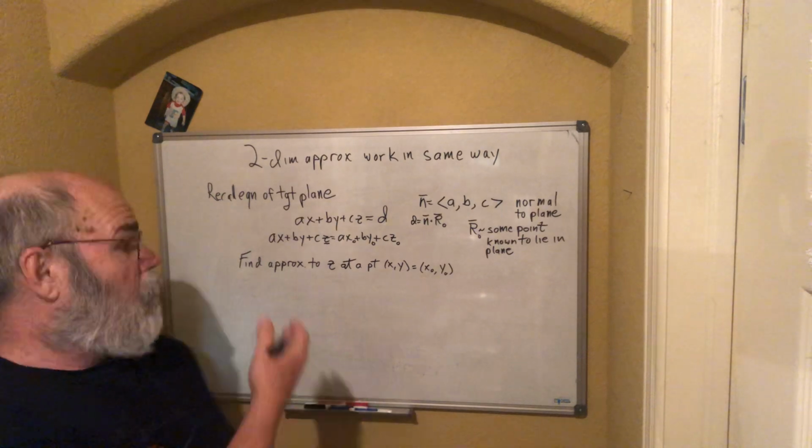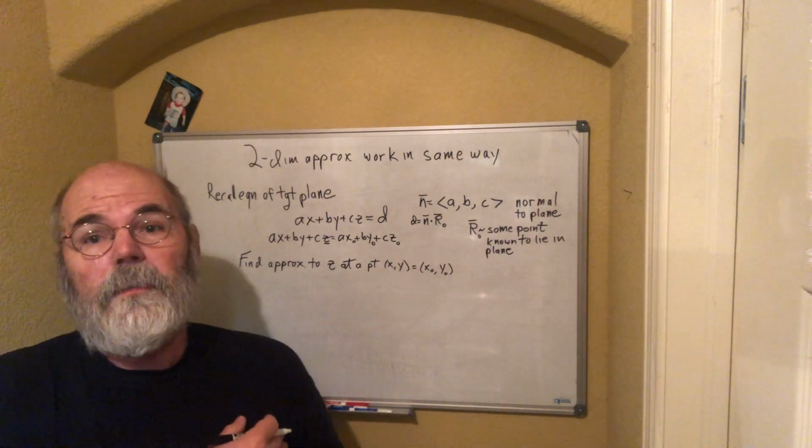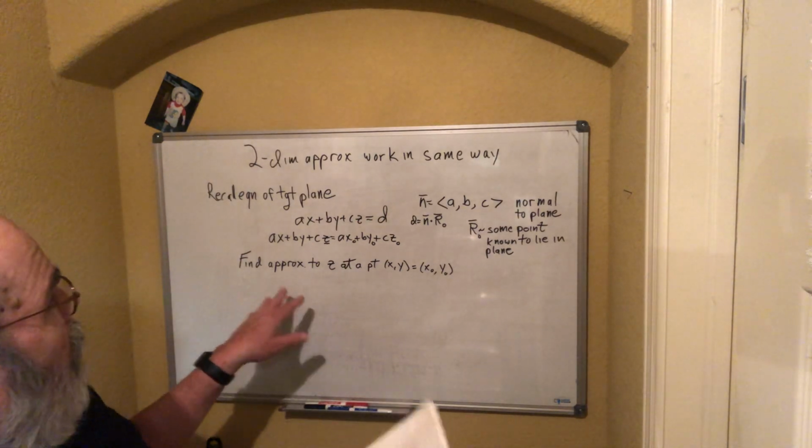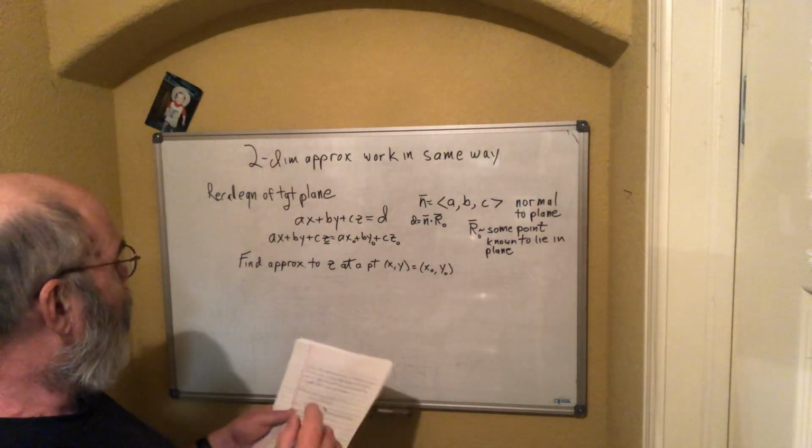That's what we generally choose. That's what we chose in our one-dimensional example, right? So we find the approximation at that point.